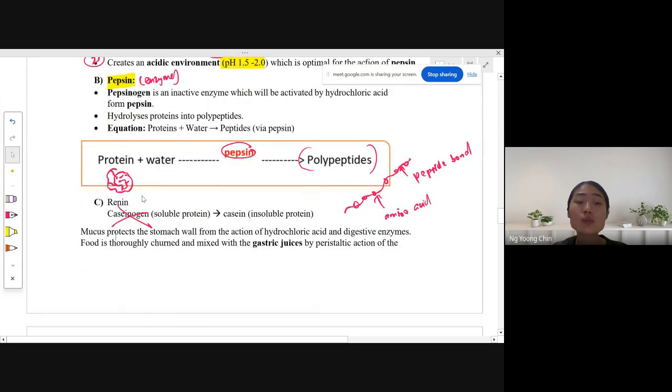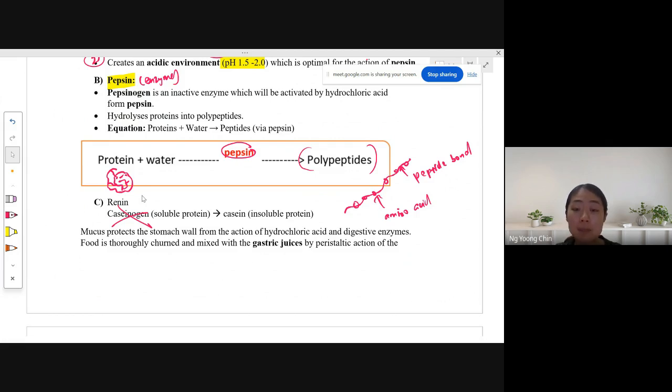Okay, so why do they need to have mucus inside the stomach wall? Because you can imagine that the stomach cells, which are gastric glands, produce hydrochloric acid, right? Hydrochloric acid is a very highly acidic substance.